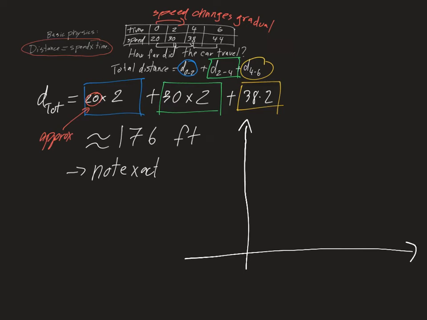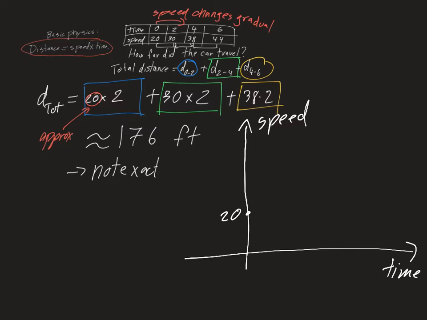So in this example, we are told some information about the speed function as, again, a function of time. So we're going to have speed in the vertical axis here, time in the horizontal axis. And we're told that at time 0, we are at a speed of 20.